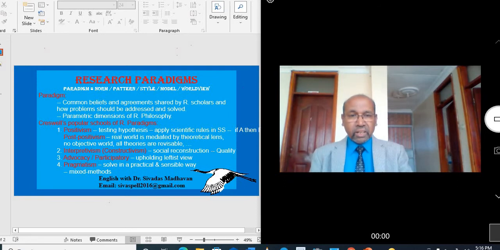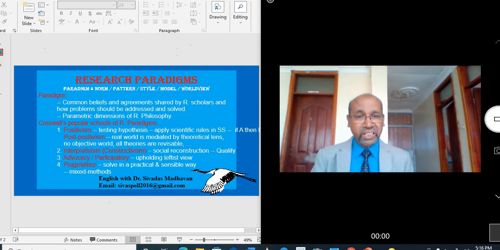If it is quantitative research, you will use positivism or post-positivism. If it is qualitative research, you will follow interpretivism or constructivism. And if your research is an ideological review, you will have advocacy or participatory.